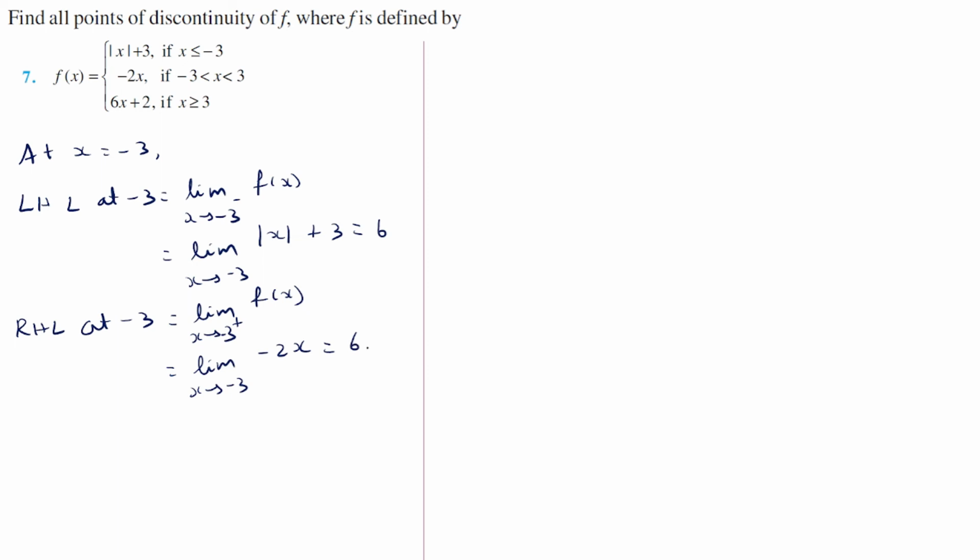So this is equal to 6. And f of minus 3 is also equal to, here f of minus 3 is mod minus 3 plus 3, which is again 6.